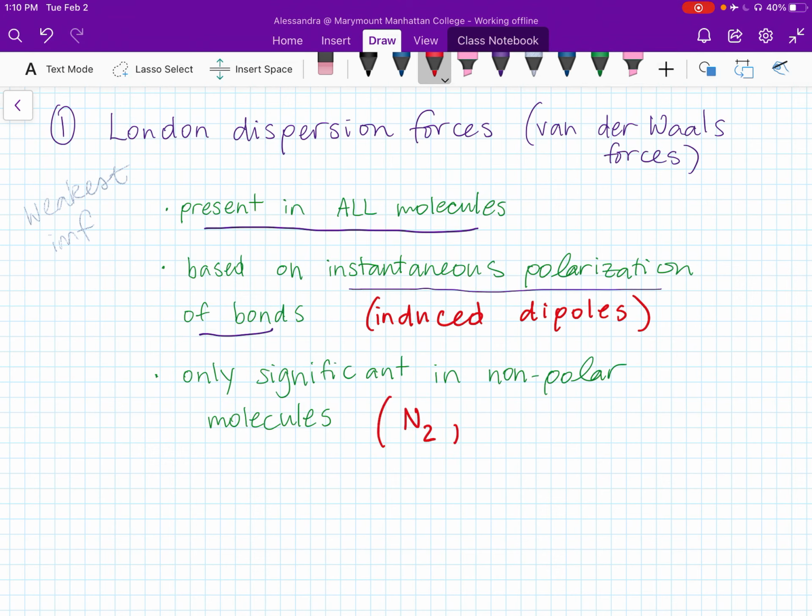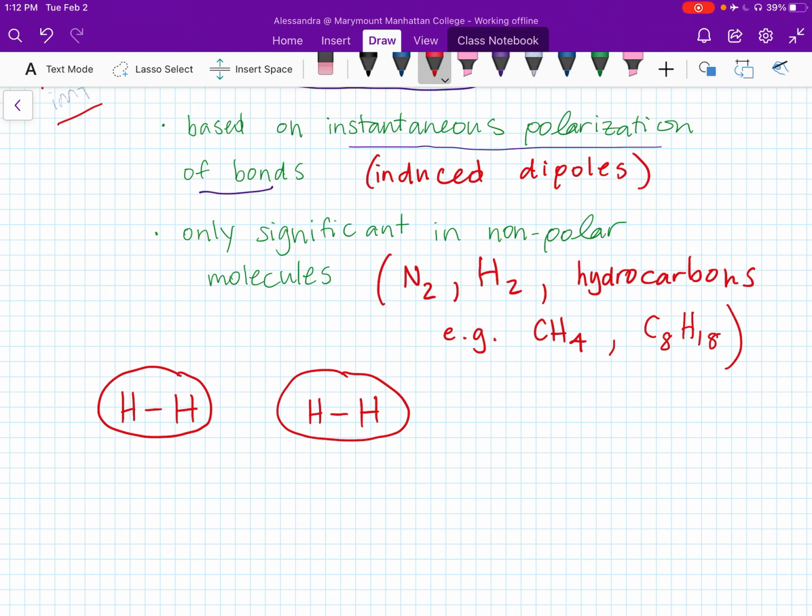Let's take the simplest molecule we can, the hydrogen molecule, H2. In H2, we have two hydrogens bonded to each other. I'm going to draw two H2 molecules side by side. So they're nonpolar molecules. Hydrogen has the same electronegativity as hydrogen, so there's no bond dipole there.